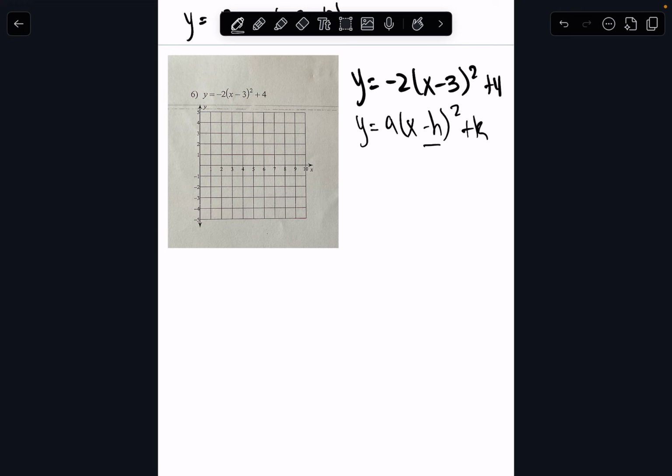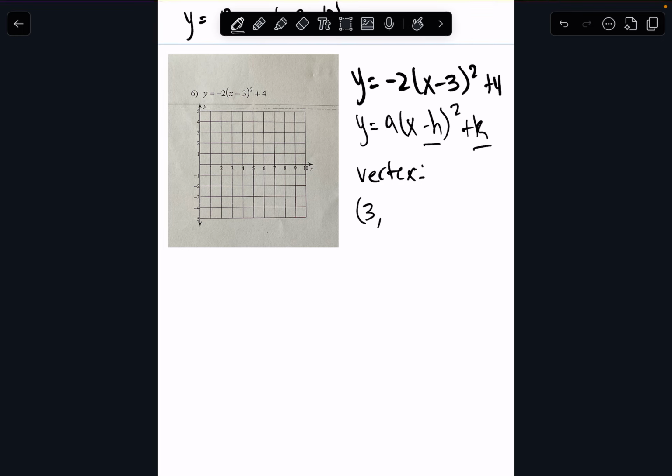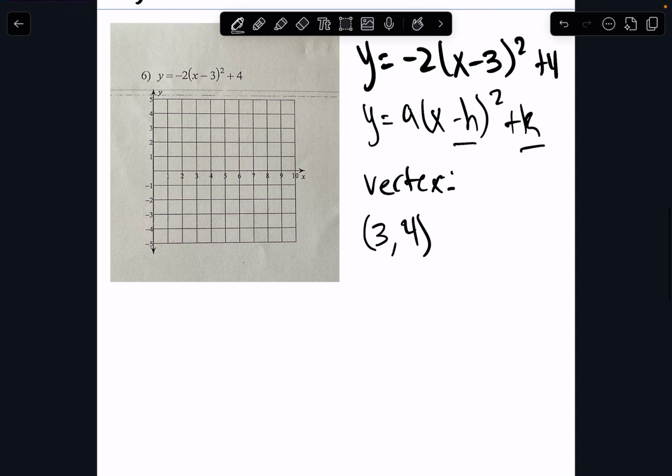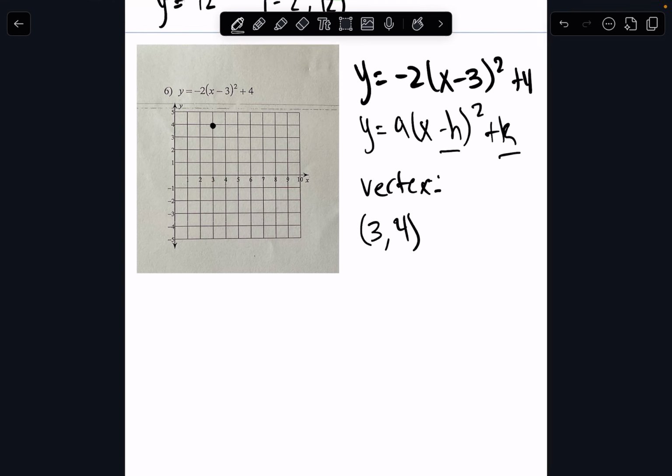So if we look at the h and the k, this time the vertex is going to be our h value, which is 3. Since it's subtracting 3, we know it's just going to be a regular 3 because we're subtracting h. And then plus k, or plus 4. So 3 comma 4, that is our vertex. If we zoom in on our graph here, we have 3 comma 4, which is right about there.